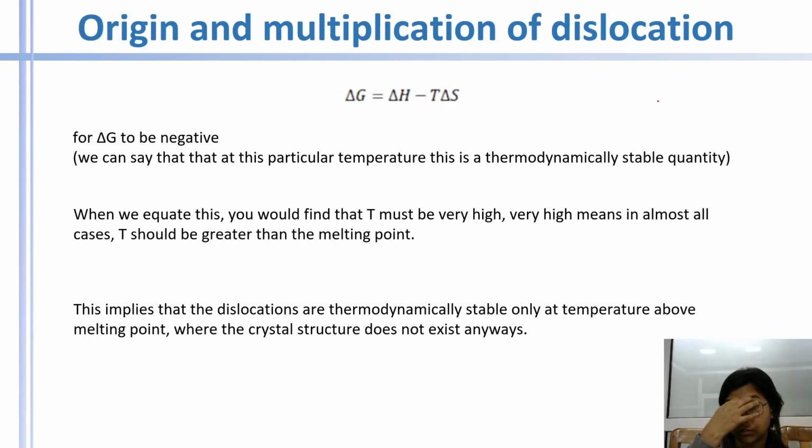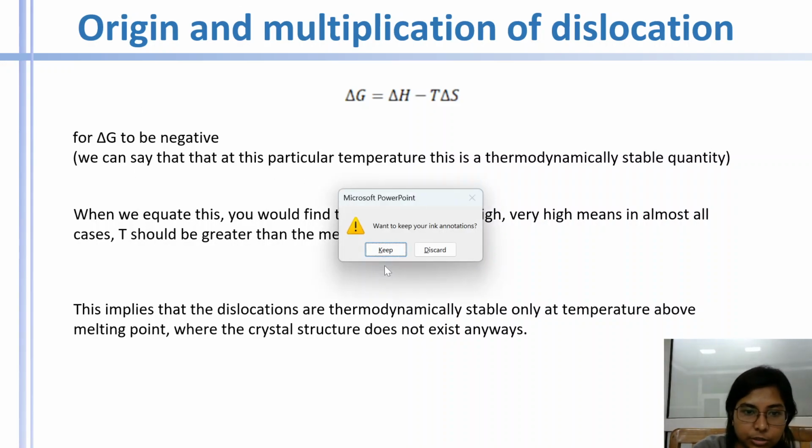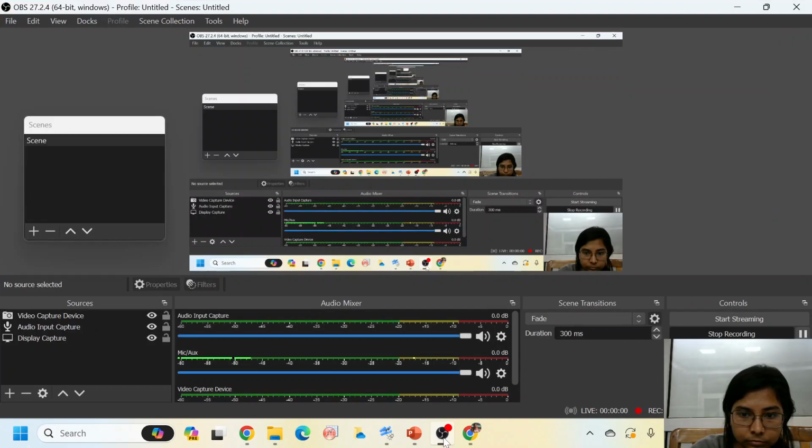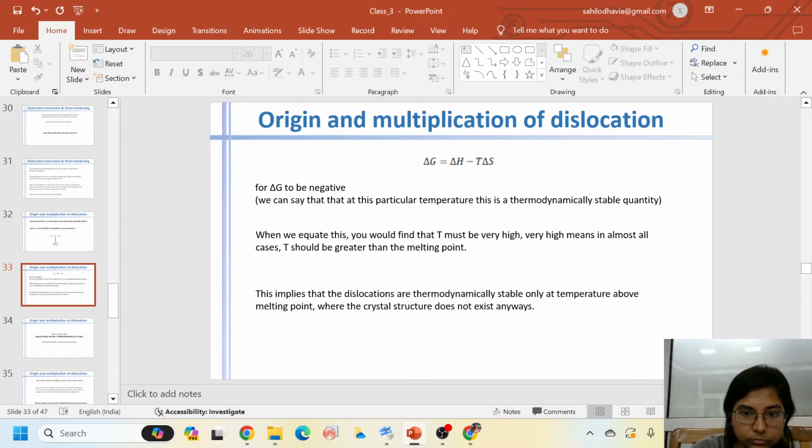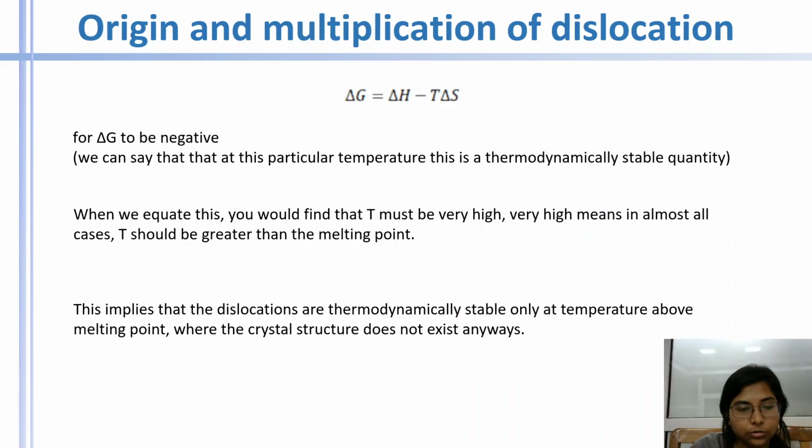Now, if delta G is negative at some particular temperature T, then we can say that at that temperature it is a thermodynamically stable quantity. When we differentiate and equate, we find that the temperature T required must be very high.